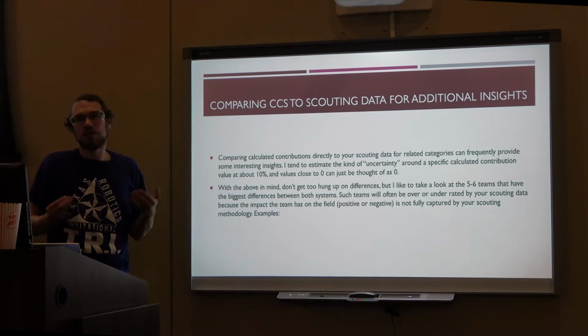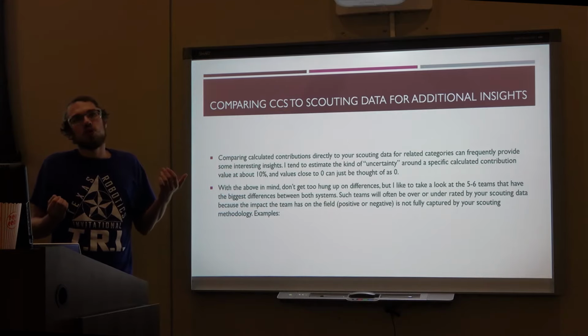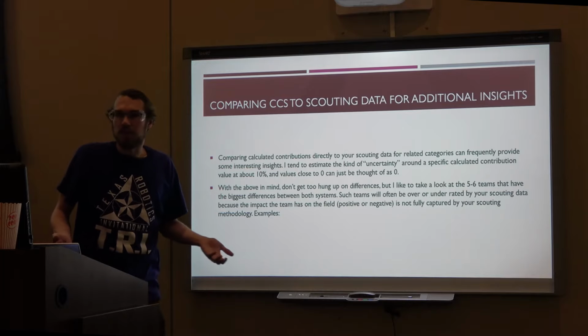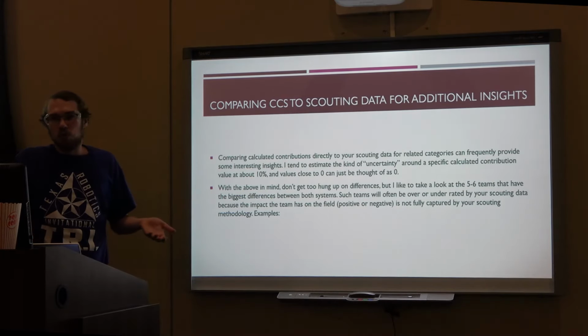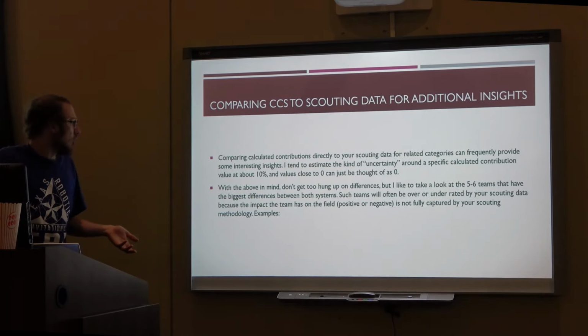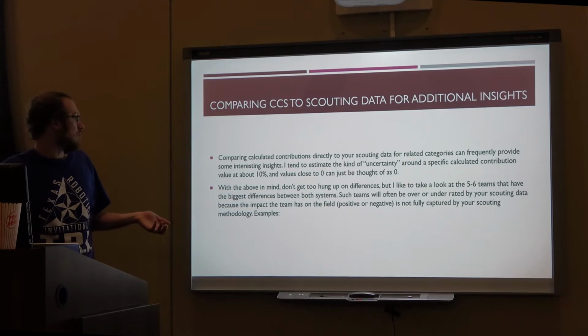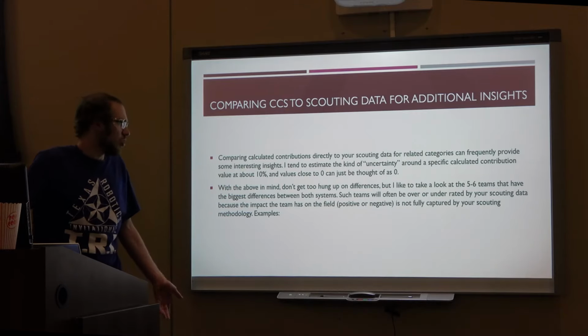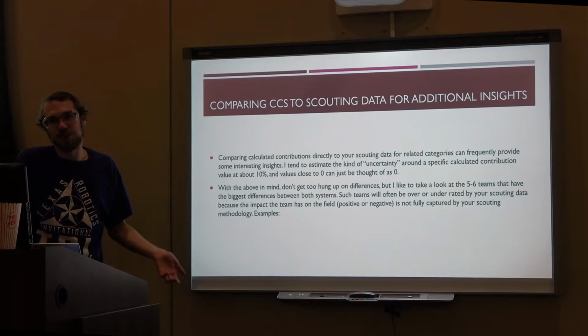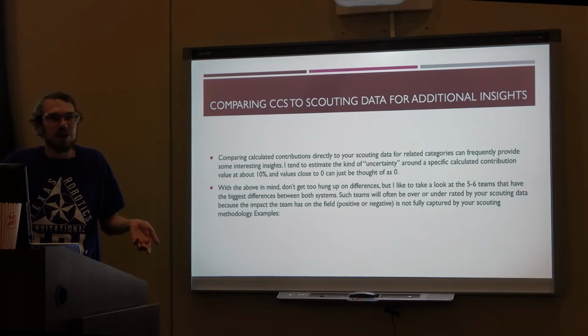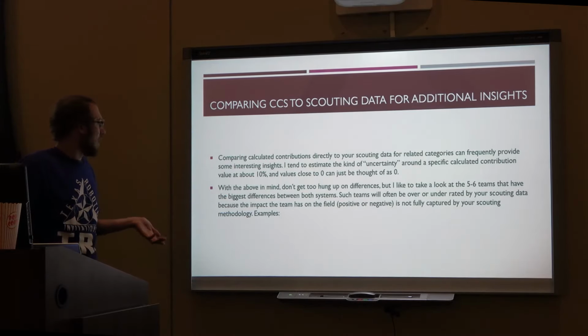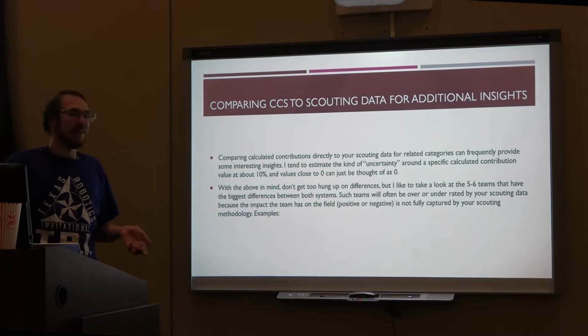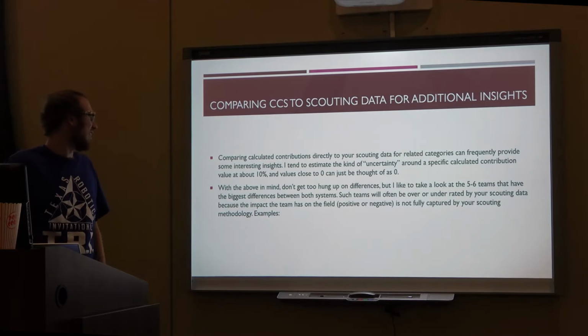So if it says you score 10 balls per match, that could reasonably be within 9 or 11. And values reasonably close to 0 can really just be thought of as 0. So if it says you score half a ball per match or negative half a ball per match, that might be 0.